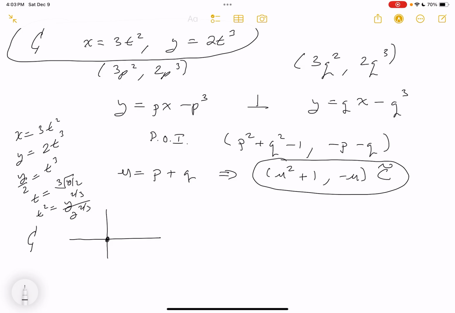This isn't that helpful, actually. But anyway, you could plug it in here, and you get x equals a constant multiple of y to the 2/3 power. And the bottom line is it looks sort of like this over here.